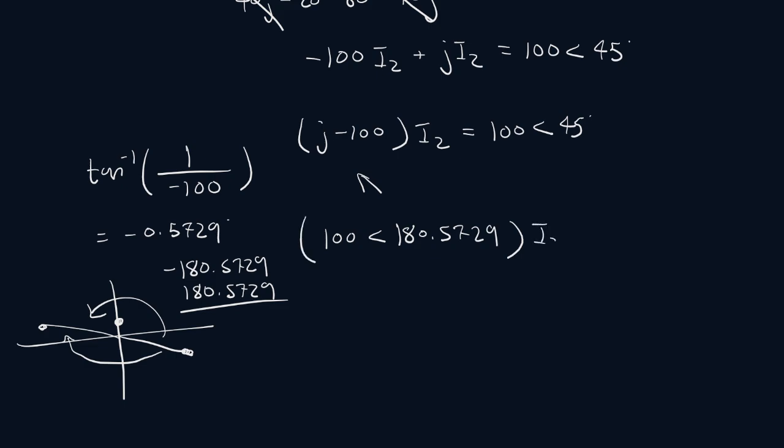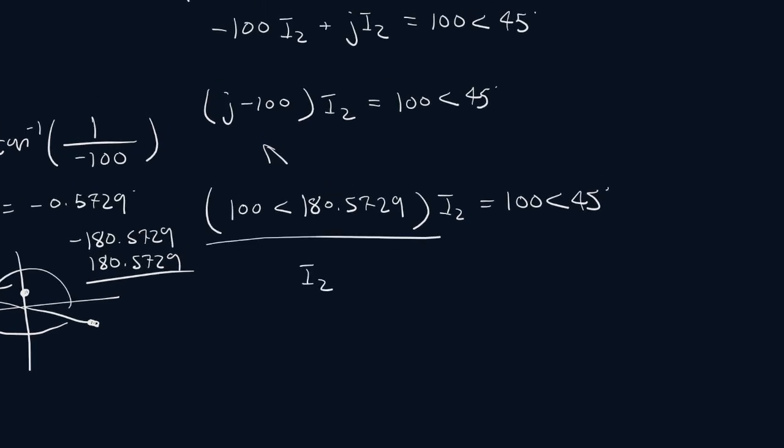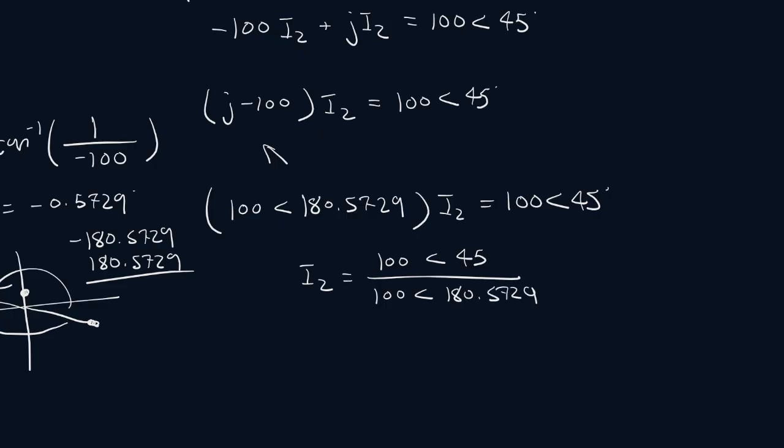And so this is I2, and it's equal to 100 phasor 45 degrees. Divide everything by this value. So it's 100 phasor 45 all over 100 phasor 179.4271.